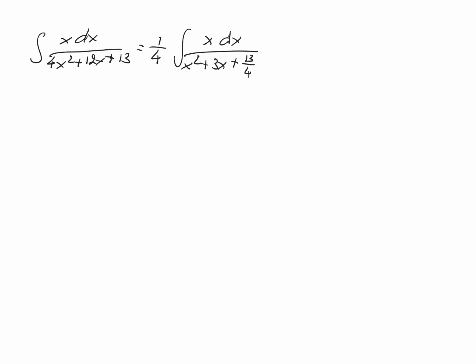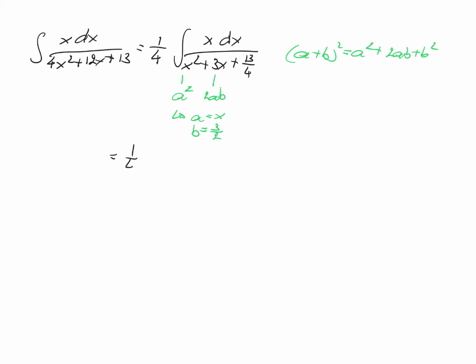Recall that for completing the square we use the formula a plus b squared is equal to a squared plus 2ab plus b squared. So here a squared is x squared, 2ab is 3x. So this means that a is equal to x and b is equal to 3 over 2. So b squared, the b squared that we need, is then 9 over 4.